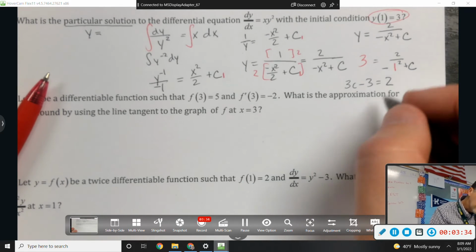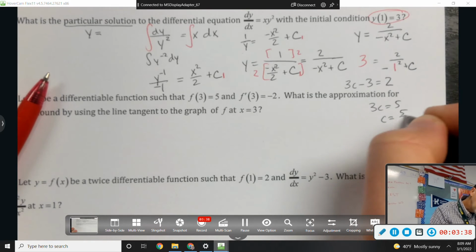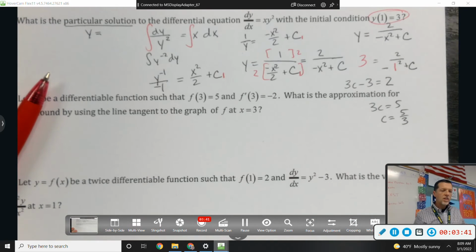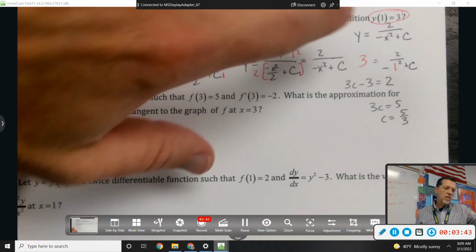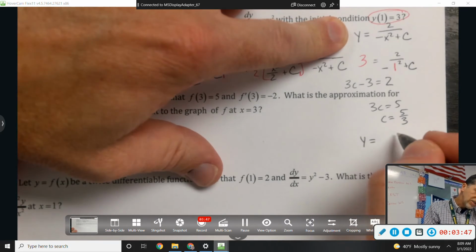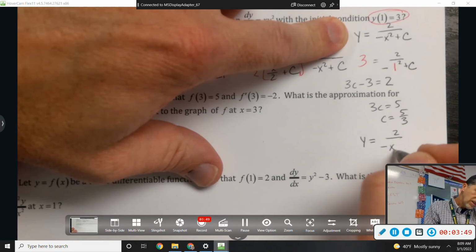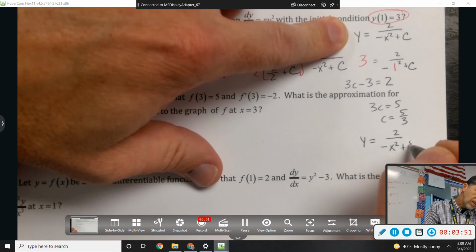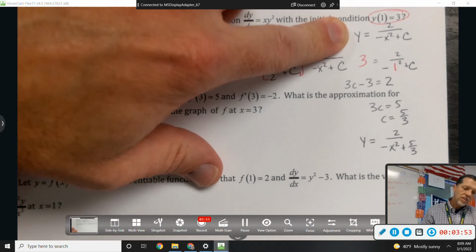And then 3c equals 5. So c equals 5/3. Back to this guy. Y equals 2 over negative x squared plus 5/3.